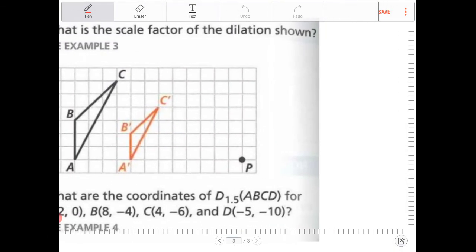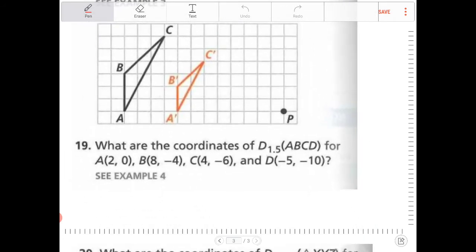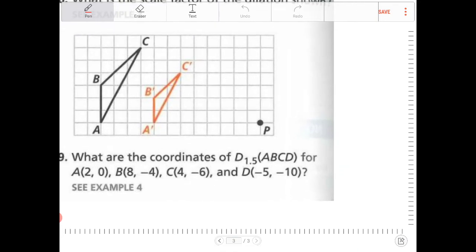What is the scale factor of the dilation shown? So the dilation looks to be a factor of 2/3 over point P. And how do I know this? Because this is 3 and this is 2.